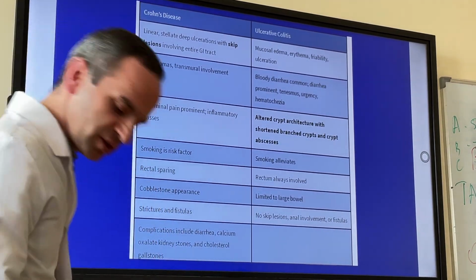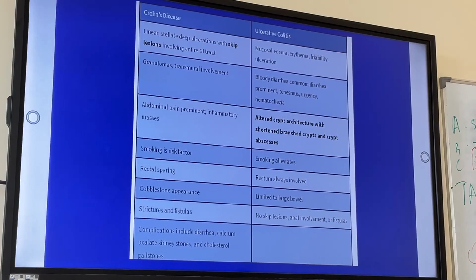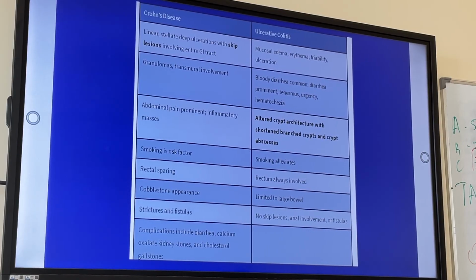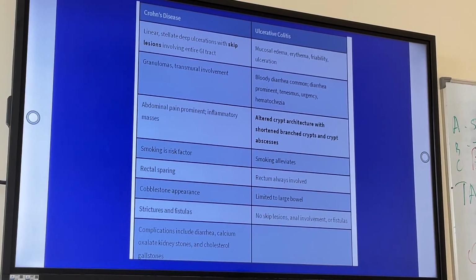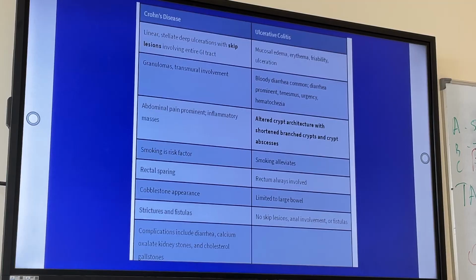Ulcerative colitis is very commonly manifested by bloody diarrhea. Diarrhea is prominent, and hematochezia, fresh blood, may also be seen if you look, not melena, but very often bloody diarrhea. Urgency and tenesmus, from some point they are synonyms.